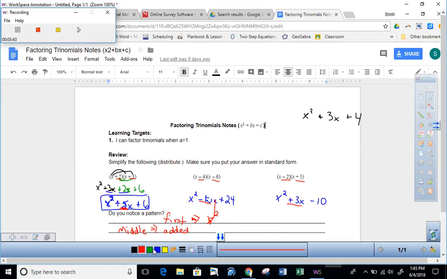I want you to take a second and look at how those two numbers, the 2 and the 3, relate to this 6. How do the negative 4 and negative 6 relate to this positive 24? How do the negative 2 and 5 relate to this negative 10? So again, think that through. Come back when you got something.